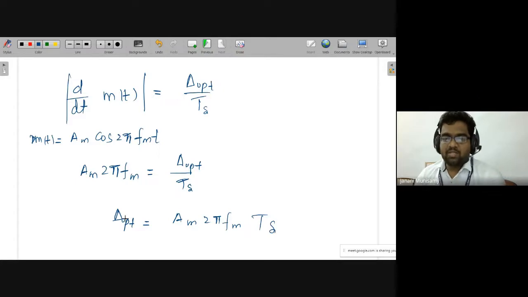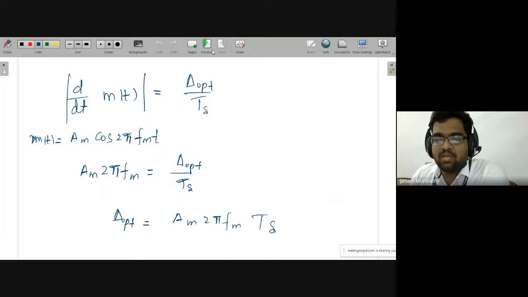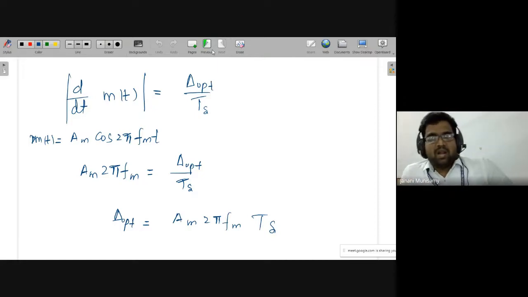Okay, now we are fixing some optimum step size, but this may not be suitable all the time. The step size may not be suitable always, because in reality the signal may have less slope in some part and more slope in some other part. Okay, this cos signal is a standard signal, but in reality if you take any common signal, it may not have a regular constant slope.